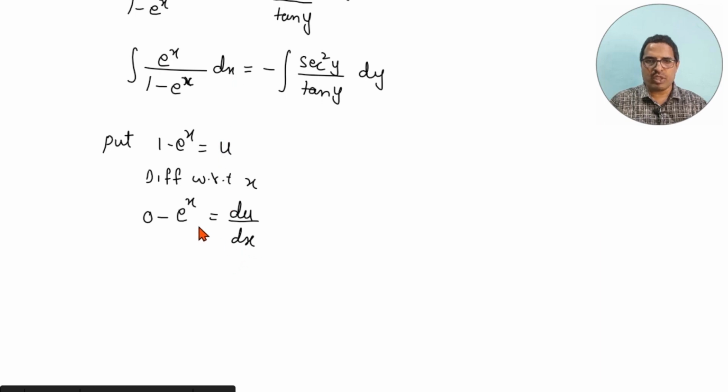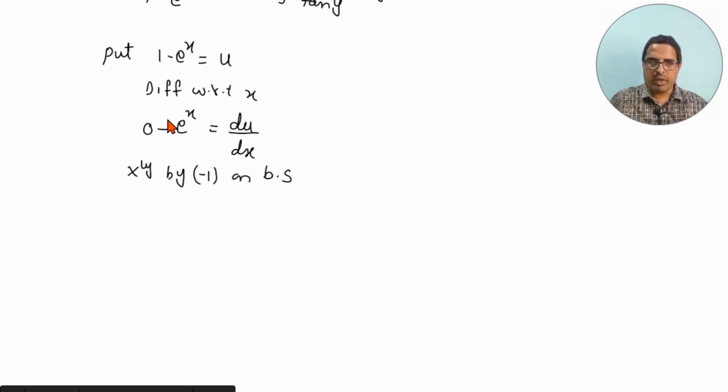So let us just cross multiply this dx and also shift this minus sign to the other side. So it's better to multiply by minus of 1 on both sides. Minus of minus will become plus e power of x, cross multiply the dx, times of dx is equals to minus of du. So we have got e power of x dx can be replaced by minus of du.